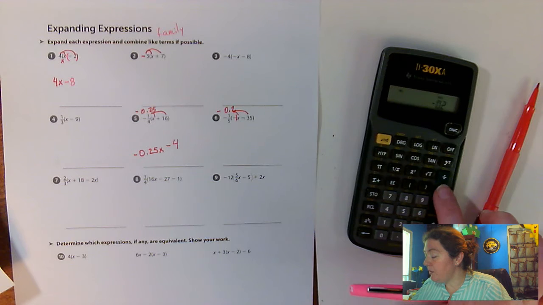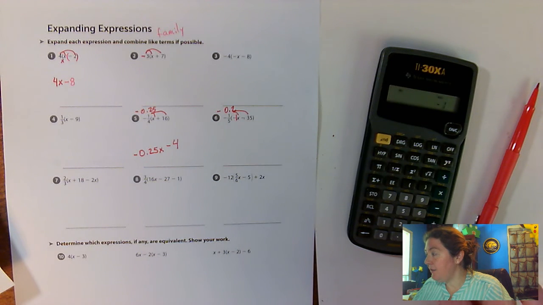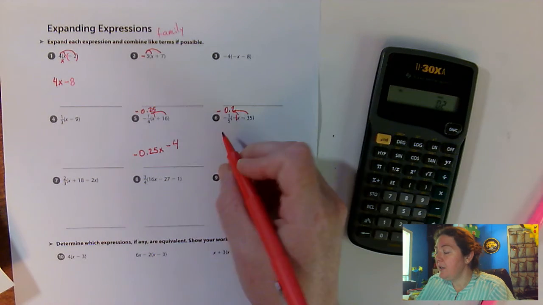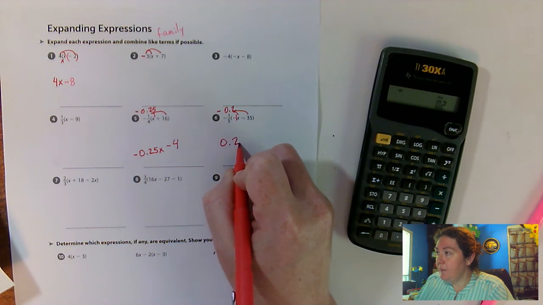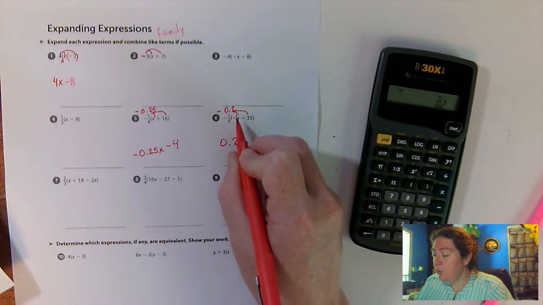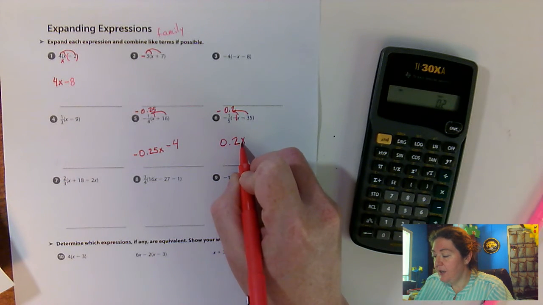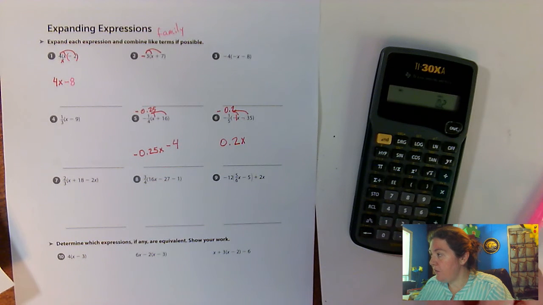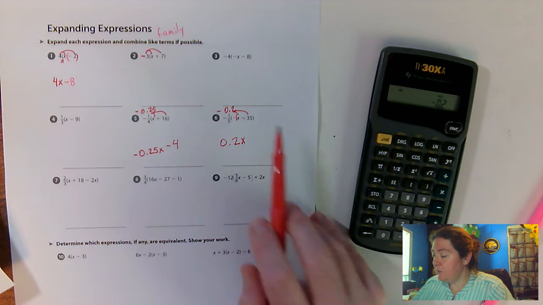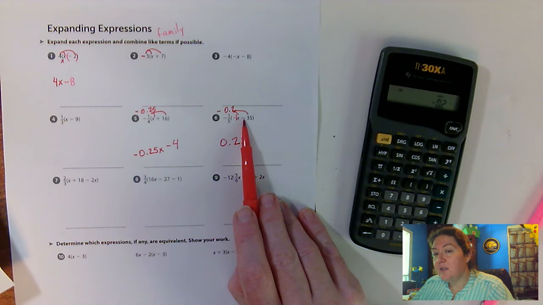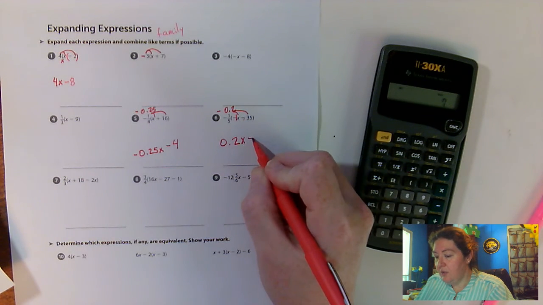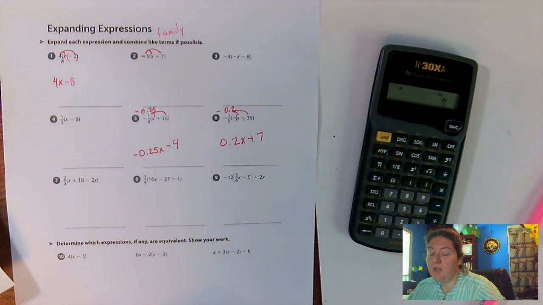So I'm going to multiply by negative 1, and that's going to give me, interesting, a positive 0.2, can't forget his last name, x. So now I'm going to take negative 0.2 times, what do I know about this 35? It's negative, times negative 35. Oh, interesting. It gives me positive 7.